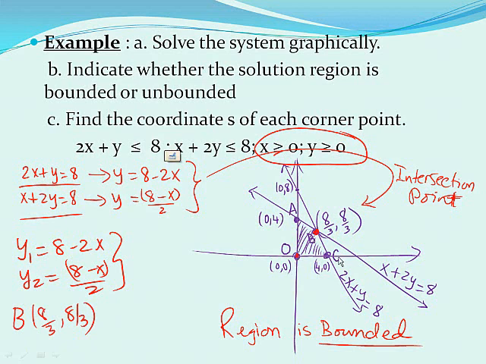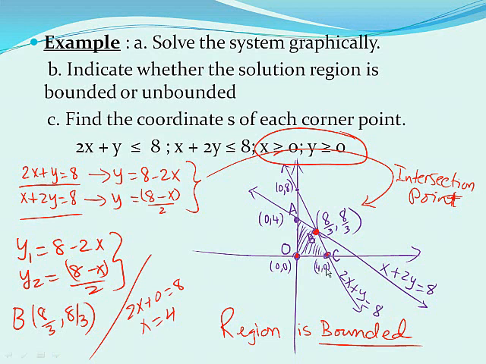The coordinates of C is calculated as the x-intercept of the line 2x plus y equal to 8. If I substitute y equal to 0, I will get 2x plus 0 equal to 8. So x will be 4. So this corner point will have coordinates (4, 0).